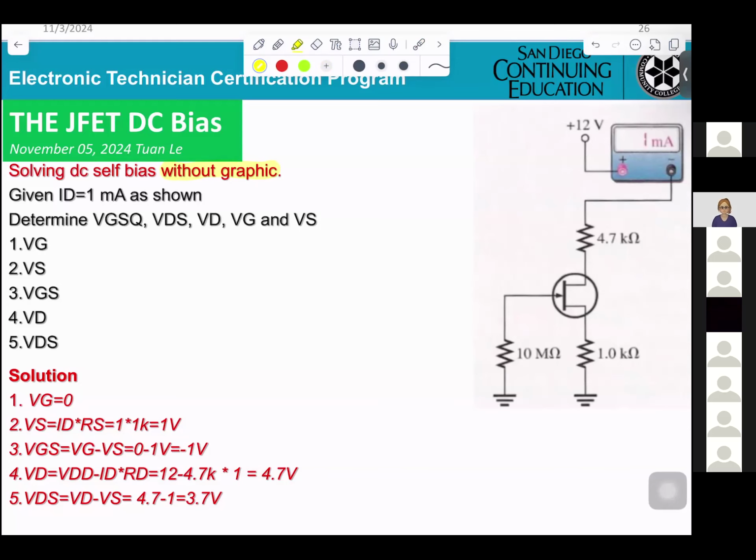However, what they give to you is the current ID equal 1 milliamp. See that? They measure the current. They give an ID of 1 milliamp, and now they want you to calculate VGS at the Q point.